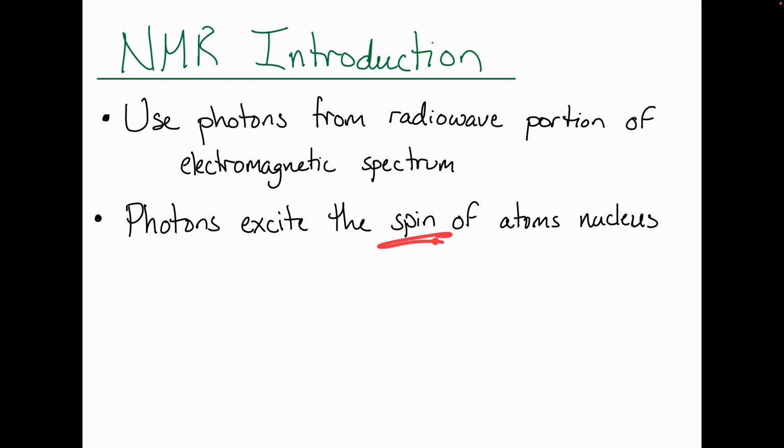This concept of spin was first introduced to you when talking about electrons, right? Electrons, you can fit two of them into an orbital as long as they have opposing spins. It turns out that this concept of spin extends to all of the particles that we have out there. So now we're talking about the particles that live in our nucleus, our protons and our neutrons. They also have a spin associated with them. And that spin is what's interacting with our photons in our NMR spectroscopy.